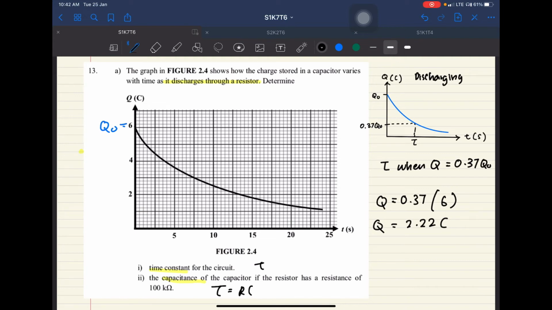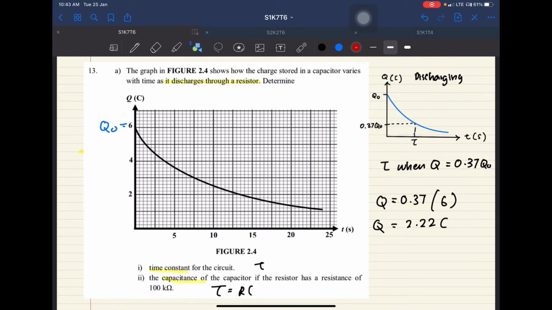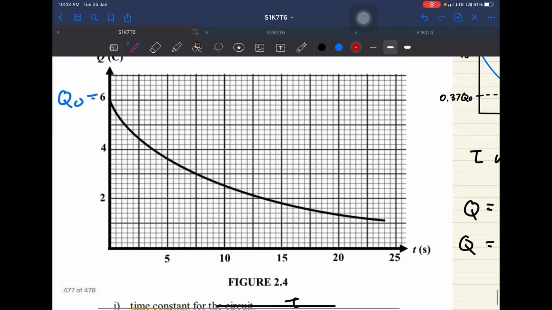I think this graph can read one decimal point only, so it would be 2.2. Just zoom in a little bit. This one is 2, this one is 3. Each one of these is 0.2, so 2.2 should be over there. We just extrapolate this one.